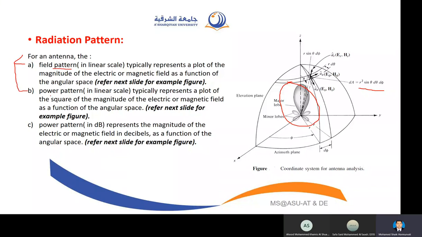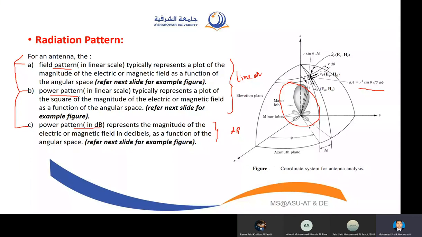Second one is the power pattern. And third one is the same power pattern, but in dB, the decibel scale. These two are in linear scale.